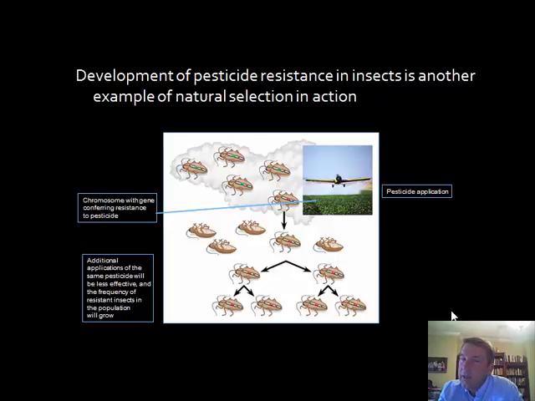This same kind of phenomenon occurs with bacteria. Doctors prescribe antibiotics. They end up killing all the ones that are not resistant to the antibiotic, and those that do have antibiotic resistance go on to survive. And then you have what environmentalists call super strains of bacteria, and these antibiotics do not affect them as readily.